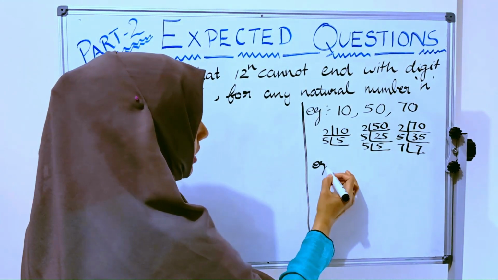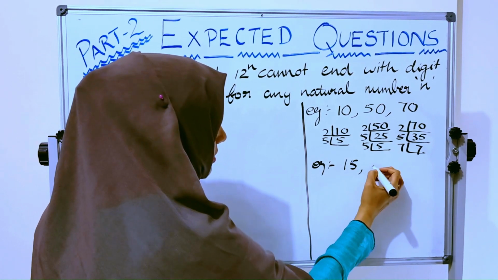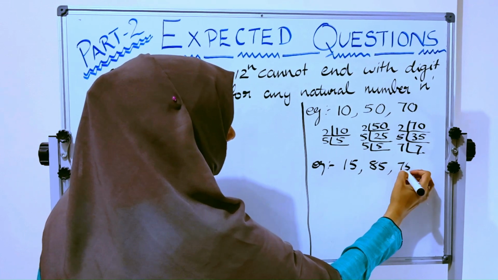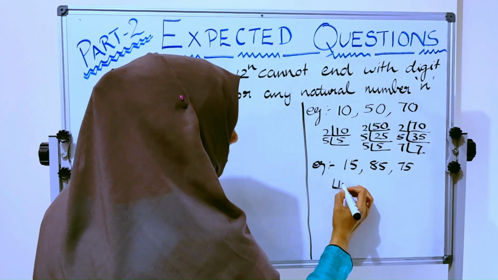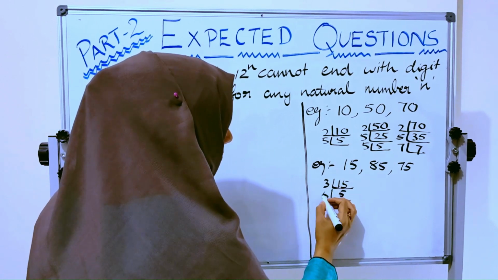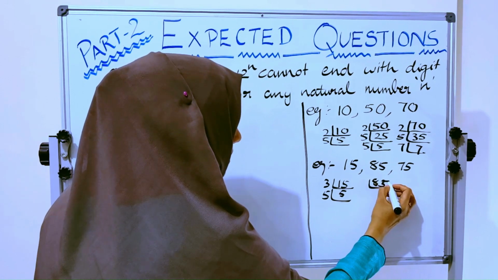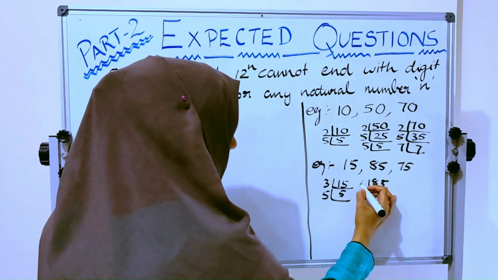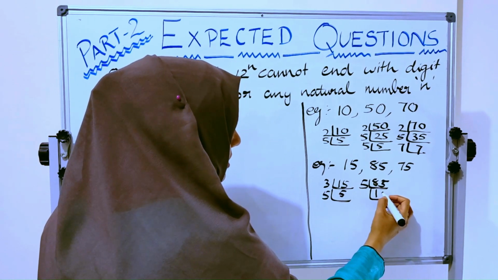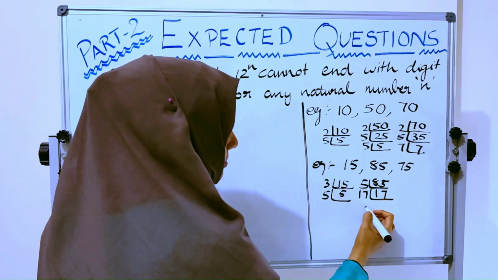Similarly, numbers ending with 5: 15, 85, 75. Let us factorize 15. Start with 3, 5. 85: 5 into 17, and 17 is a prime number.